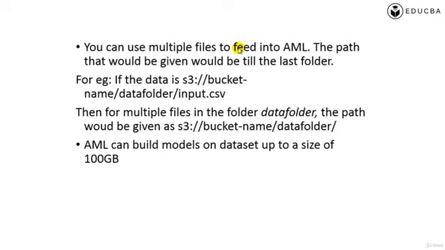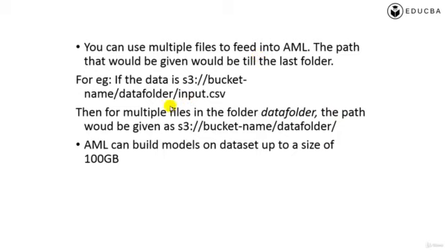Also, when you are trying to keep your split files, you will keep them in the following pattern. So if your data is in an S3 bucket of this format with multiple files, you will give your path till the data folder name. So it will look something like this. All the files that will be present in this parent folder will be read by Amazon automatically.